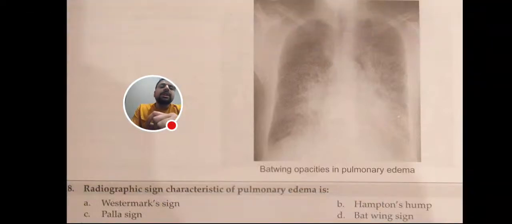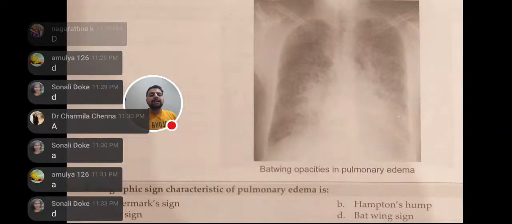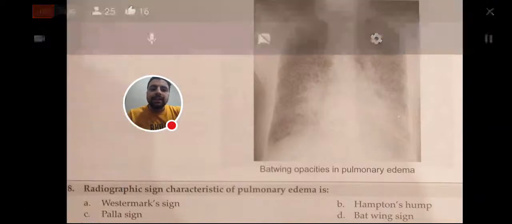For pulmonary edema, what is visible in the chest X-ray in front of you? This is like a wing. This is bat wing. In pulmonary edema, we see bat wing.